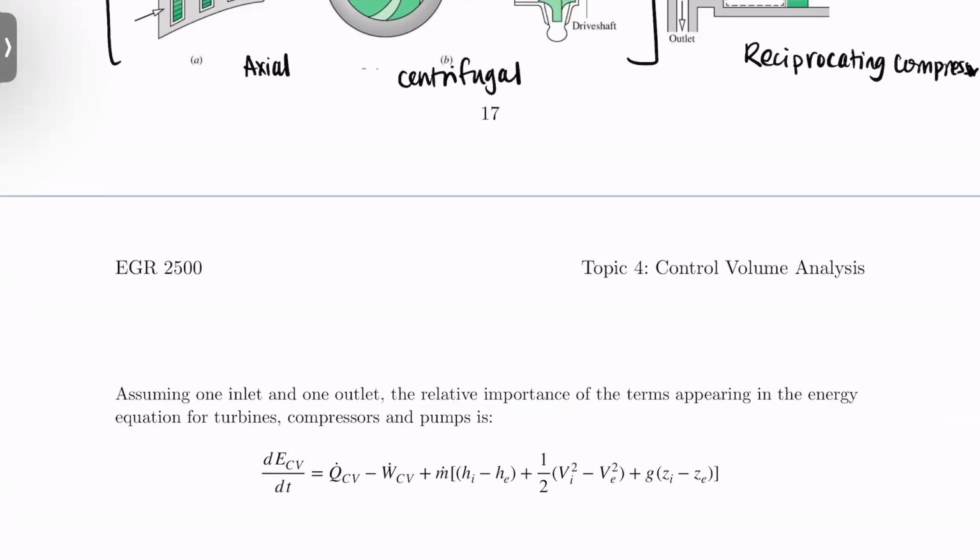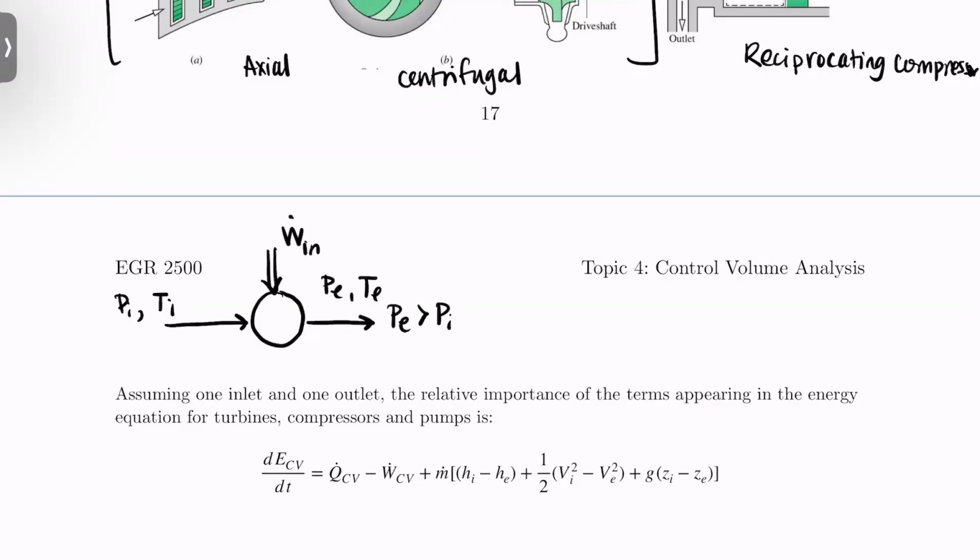For pumps, the general schematic looks like this. It's usually drawn as a circle. We have an inlet and an exit, and then work is coming in to that system. So we have PI, TI, PE, TE, where PE is greater than PI. We're wanting to increase the pressure.